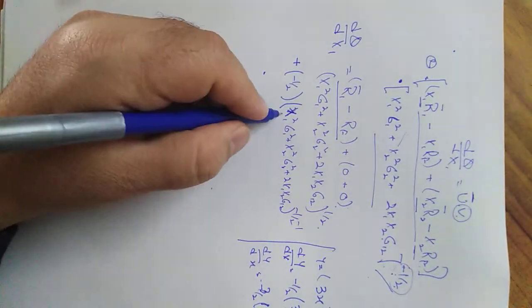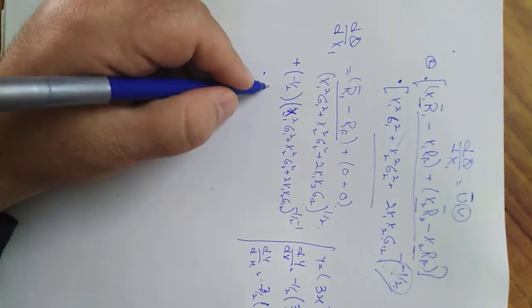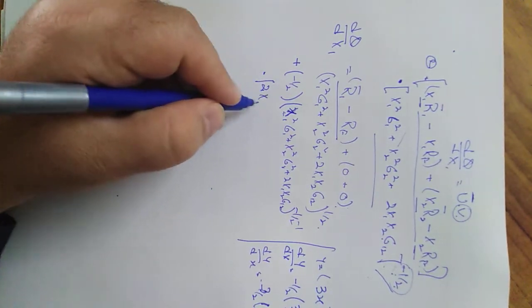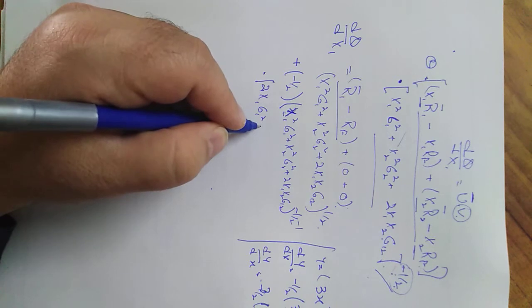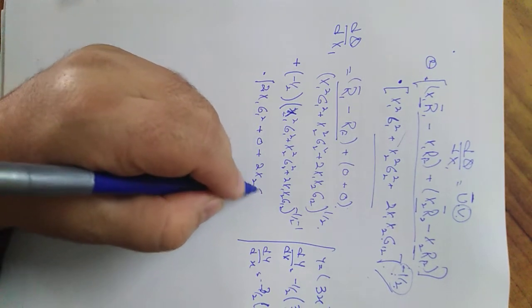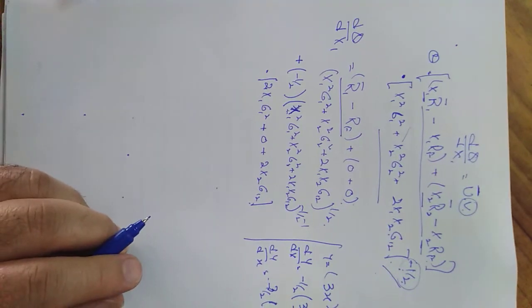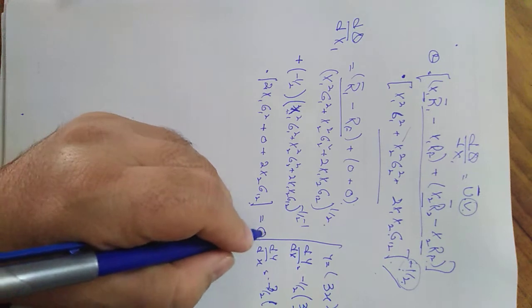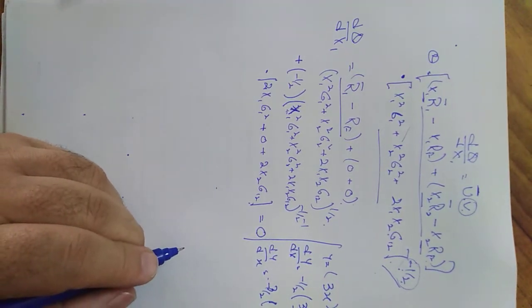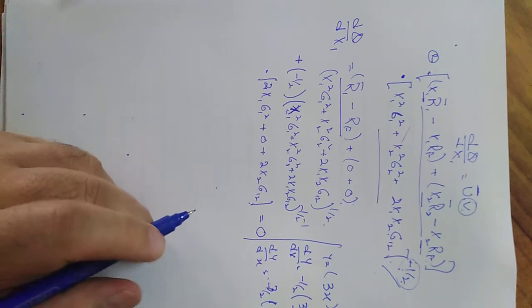Then again we differentiate the inner part. This is a variable, so it will become 2x1, and this becomes 0, and again 2x2, and we put the whole equation equal to 0. I hope it is now coming within the frame of the video.